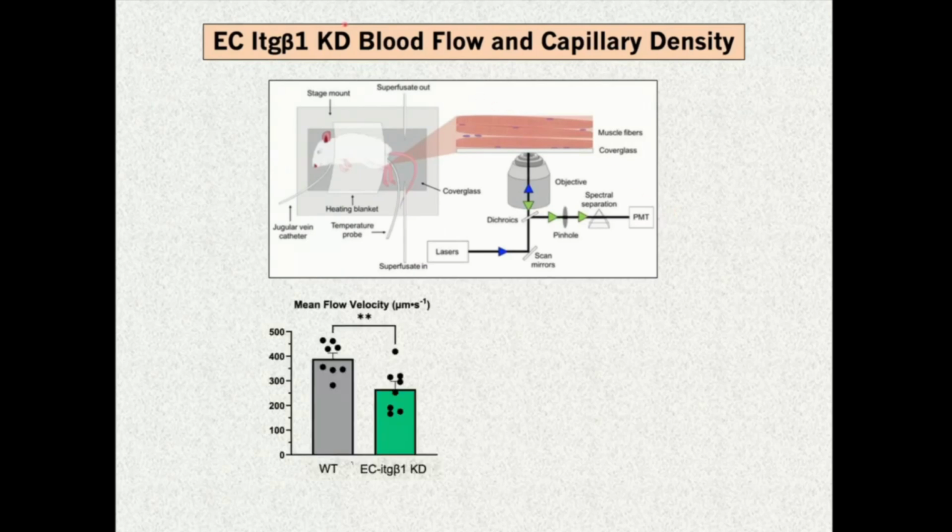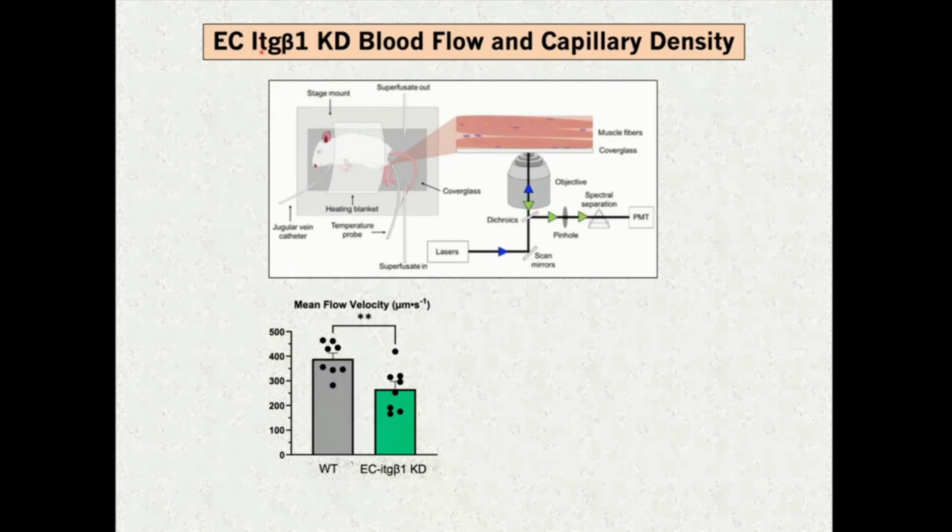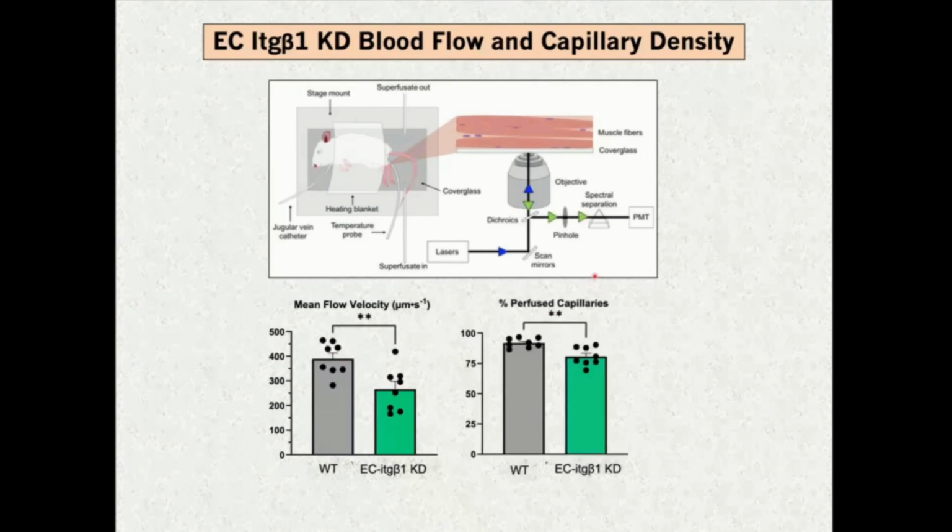What we found is that knocking down the endothelial beta 1 subunit by about 30% resulted in a roughly similar fall in mean flow velocity and a decrease in the percent capillaries that were perfused.